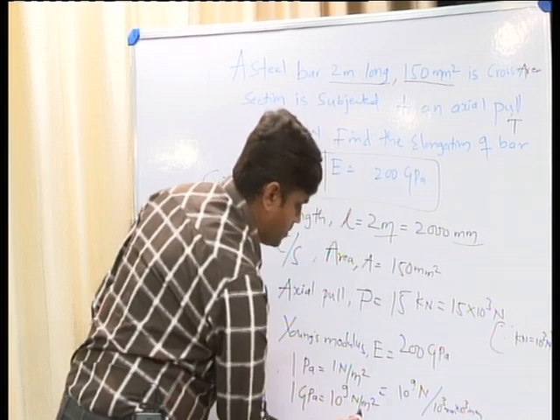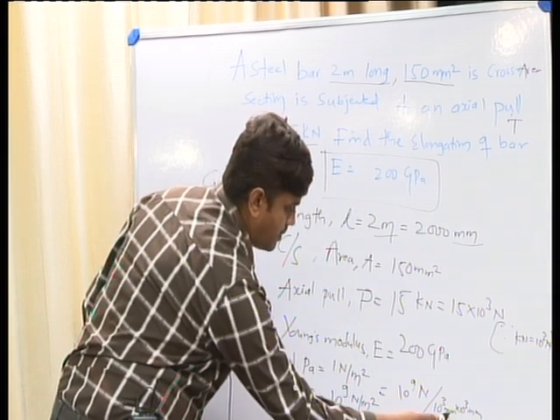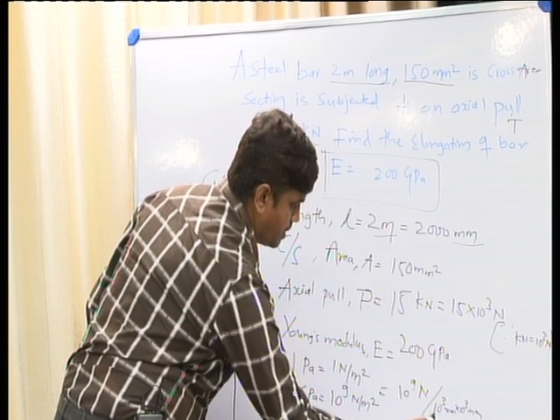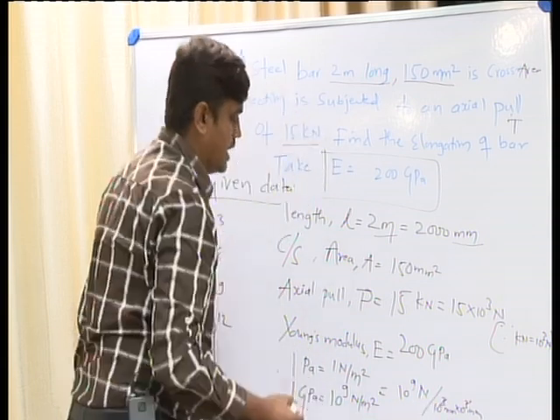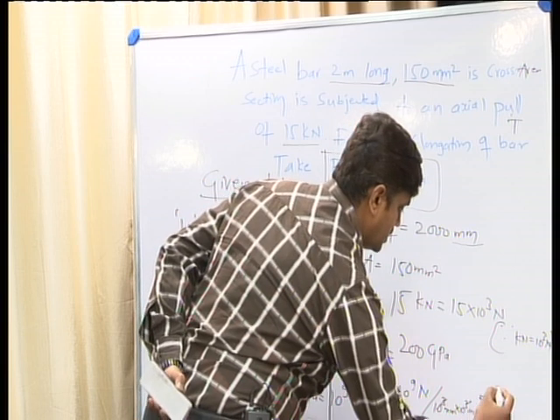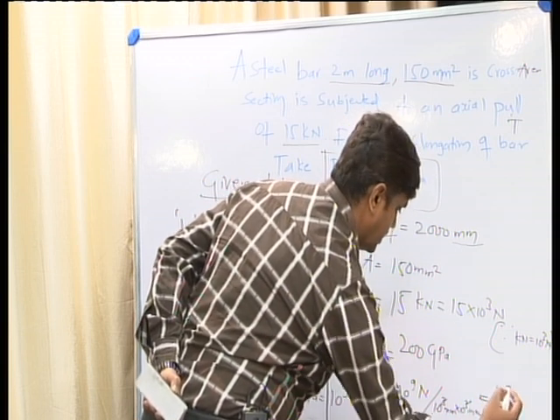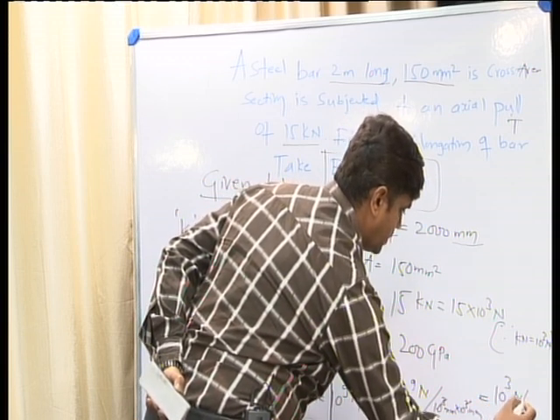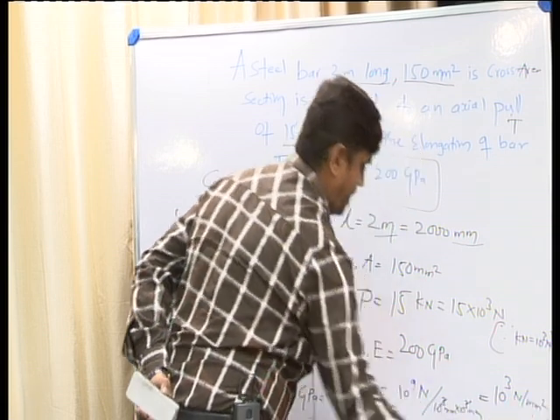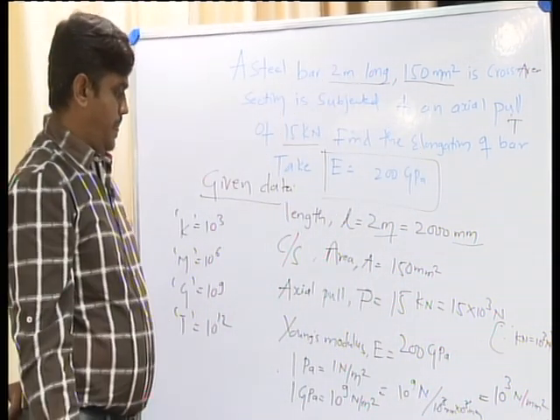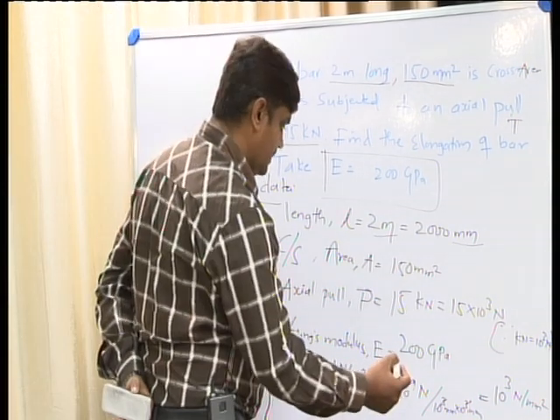So I am converting meter into mm. At last I will get the value of GPa as 10 raised to 3 Newton per mm square. What is the value of E here?